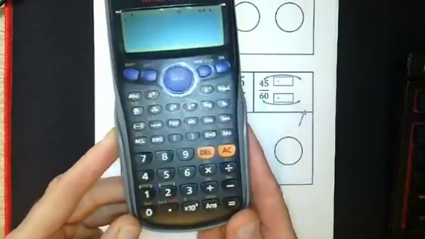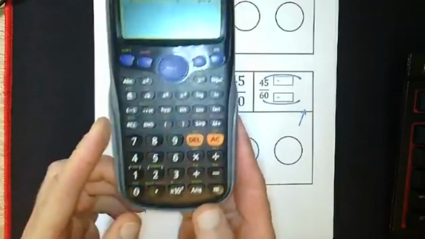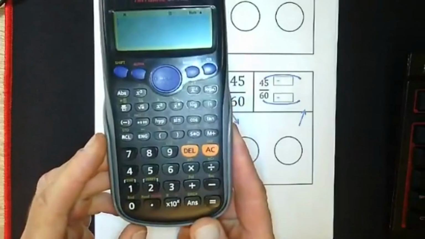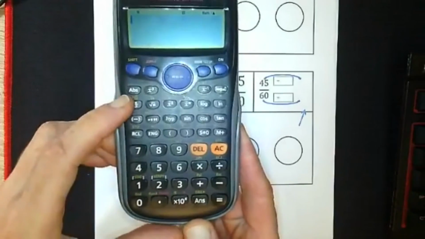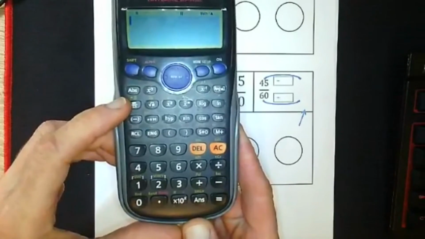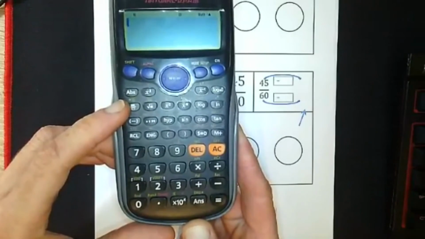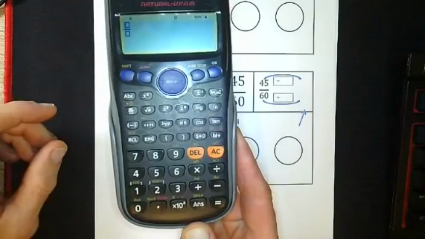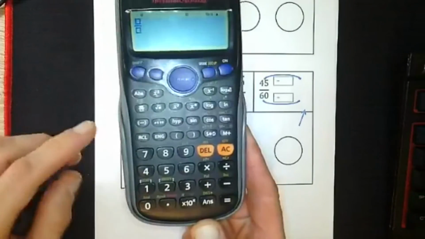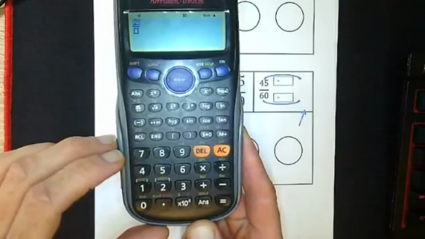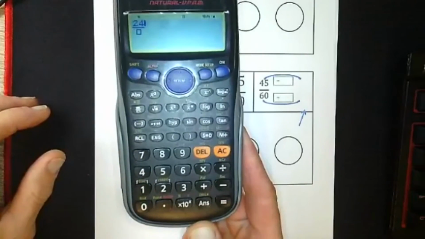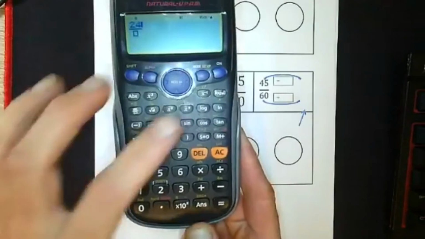Some of you might not know this, but it's important for me to mention this button here. It has 2 boxes and a line, so it looks a bit like box out of box. You press that. That's your fraction button, and we can put the numbers into it. 24 at the top.